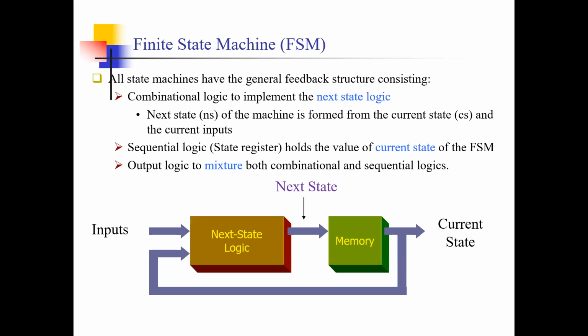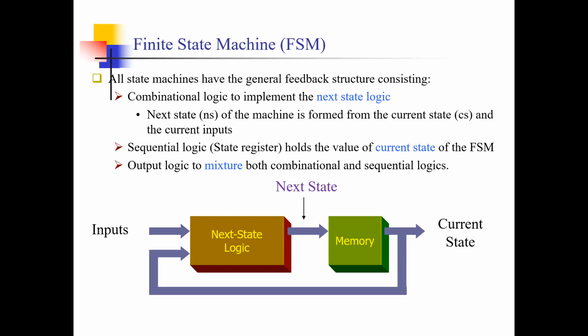So what do you mean by finite state machine? Generally we have two different types of finite state machines: one is the Moore finite state machine, and the other is the Mealy finite state machine. All state machines have the general feedback structure.